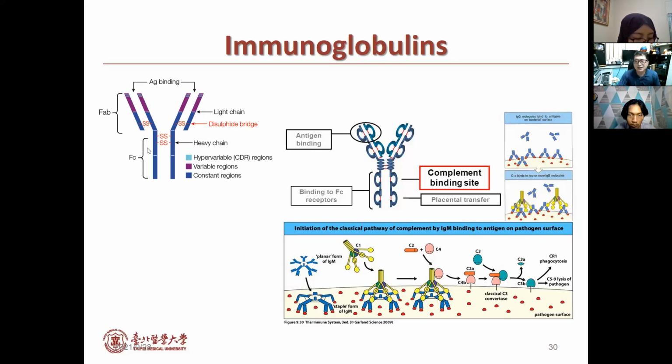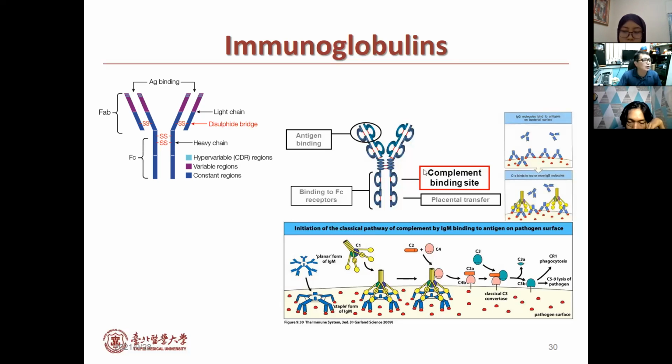Okay, what's the function of FC? It can bind to the FC receptor. The complement is a kind of protein; you can see C3, C1, C2, anyway. Eventually we'll make a C3 and make a hole, punch the hole, and cause cell death.